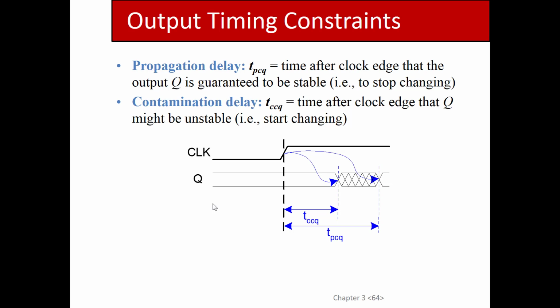You got it, right? But with a flip-flop, the contamination and propagation delay are in reference to the clock. How long after the clock edge do you see a change in the output, and how long before it stabilizes?